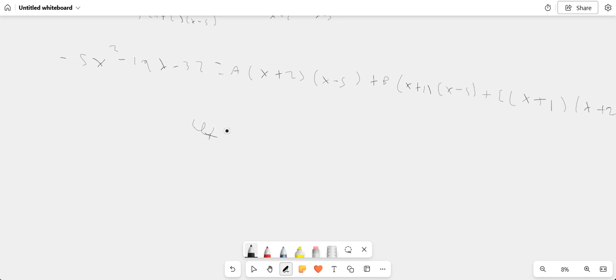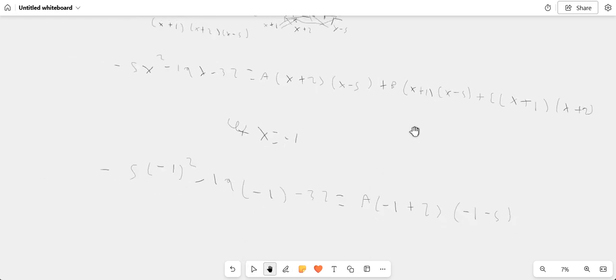So hence, let x equal minus 1. So eliminate the minus 1 thing so we can find a. So therefore, put that into the left-hand side. Minus 5, open bracket, minus 1 squared, minus 19, open bracket, minus 1, minus 32. That's equal to a, open bracket, minus 1 plus 2, close bracket, open bracket, minus 1, minus 5. So that's into the a part there.